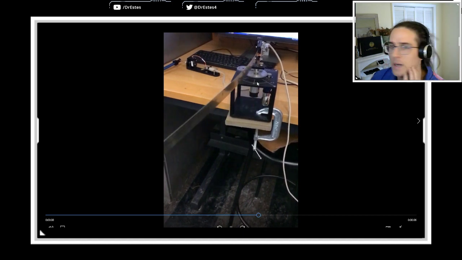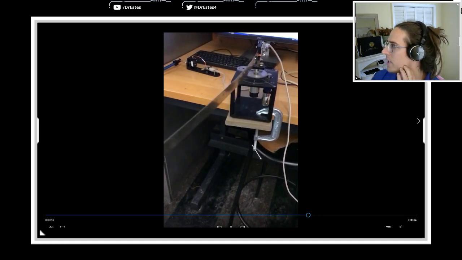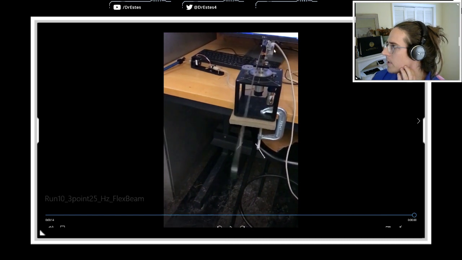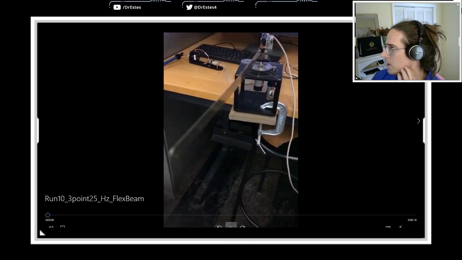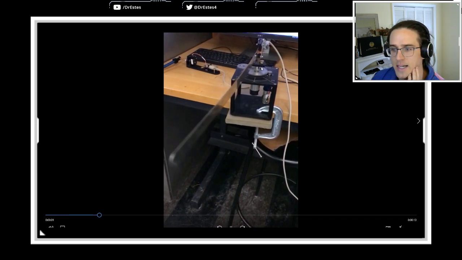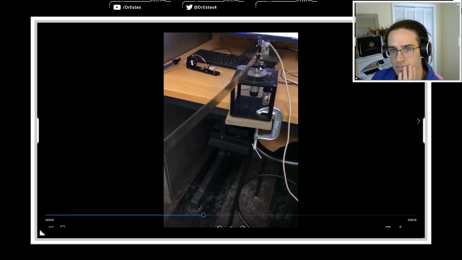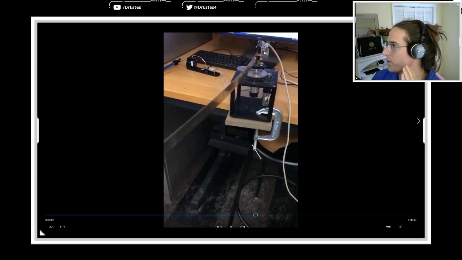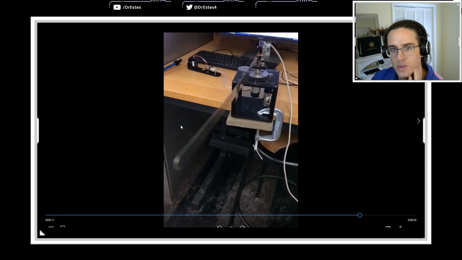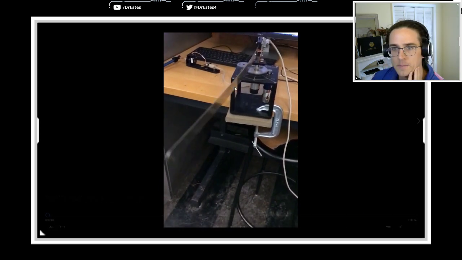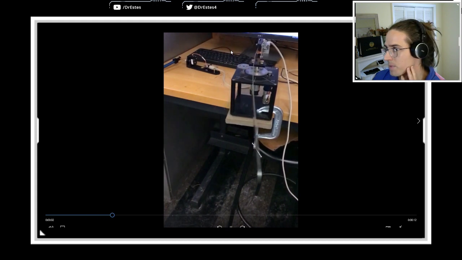So the servo motor back here, rotating a little bit back and forth, you can see that. And then the beam is reacting to that. It vibrates. And this is actually at the natural frequency of the beam. So at the natural frequency, very little displacement at the end results in a huge amount of lateral deflection of the beam. And you'll see that in the frequency response.